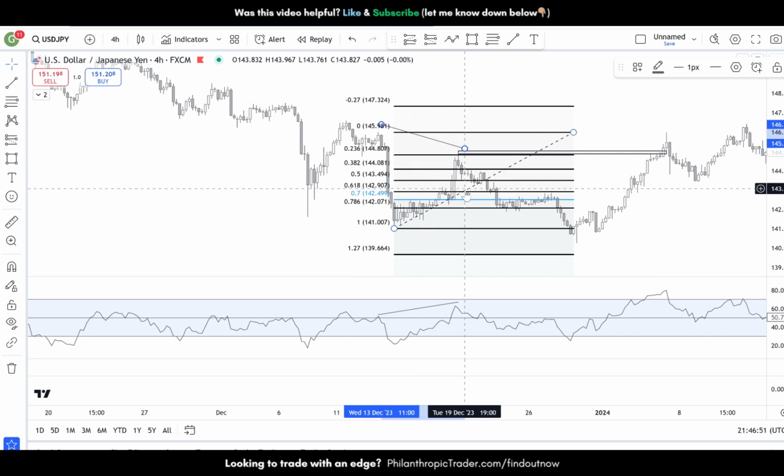This is called a hidden divergence, which means that we just move with the trend. You also have a regular divergence, which is more like a reversal strategy. Of course, it depends on whether you trade in an overall bullish or bearish trend.